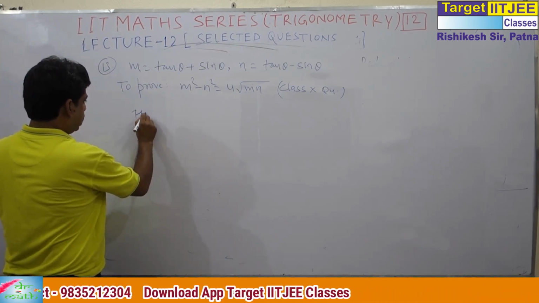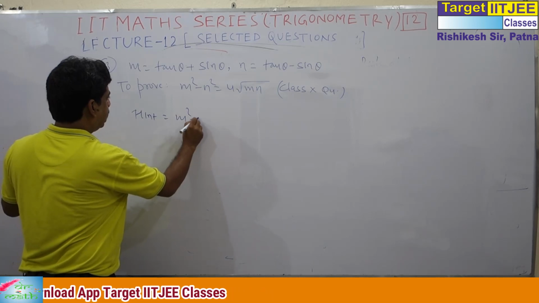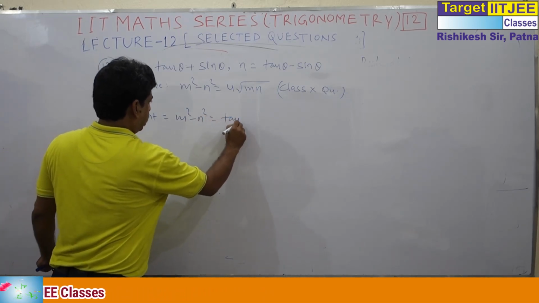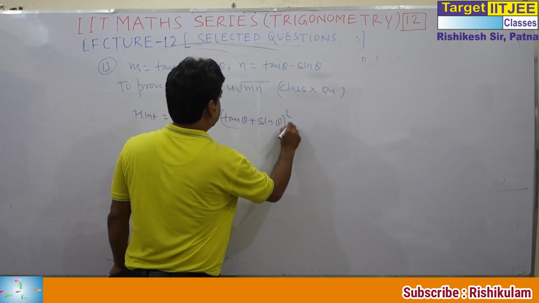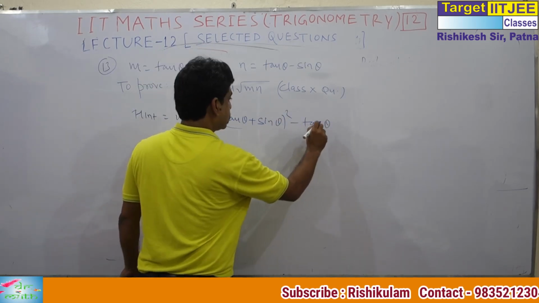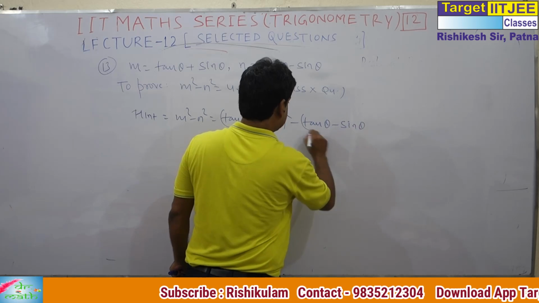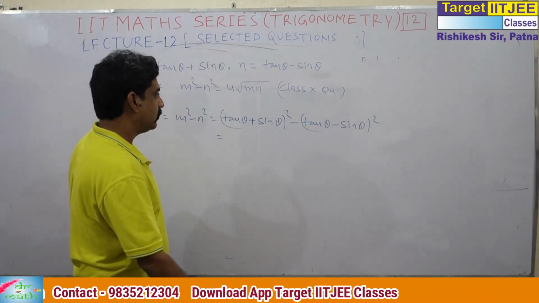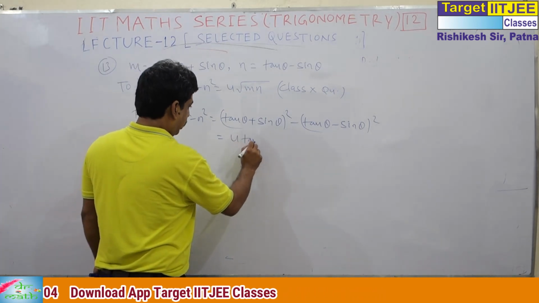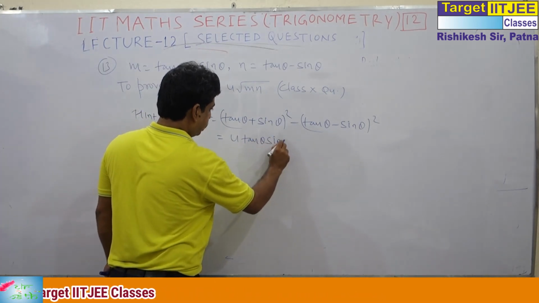You can say, hint: m square minus n square is tan theta plus sin theta whole square minus tan theta minus sin theta whole square. This is a plus b whole square minus a minus b whole square, which is 4ab.